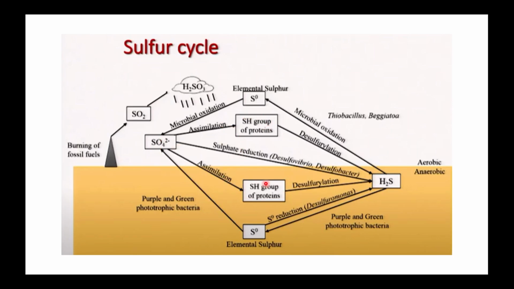Why do we need sulfur in our body? Because some proteins require sulfur. So where are we going to get the sulfur from? This is how the sulfur cycle in the environment goes on, so that sulfur can be assimilated in the proteins inside these bacteria.